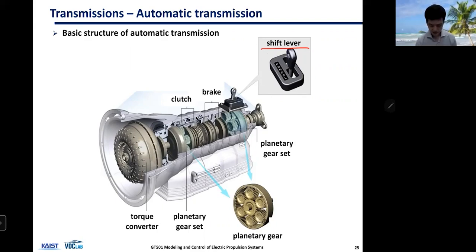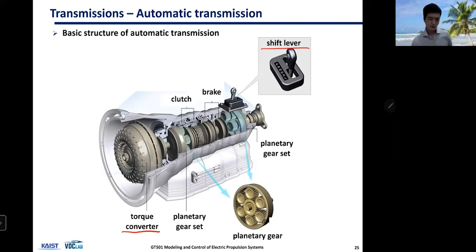And if you look at the inside of the transmission, there's usually a torque converter used to decouple the engine from the wheel at very low speed, because this is automatic transmission, right?